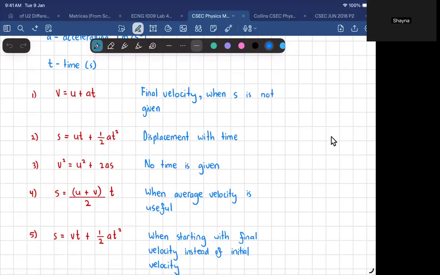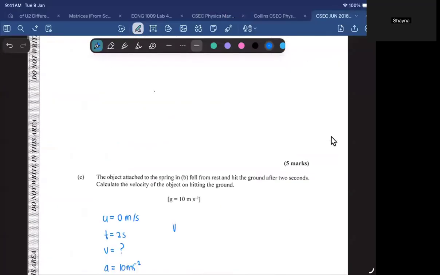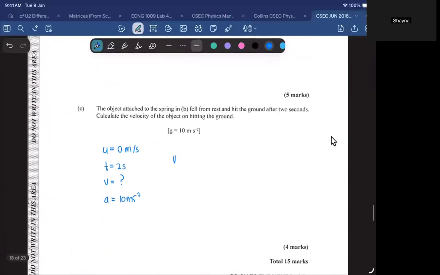So what formula has final velocity, initial velocity, acceleration, and time in it? The first one. Right, so V is equal to U plus at. So my initial velocity is 0, my acceleration as a result of gravity is 10, and my time is 2. So my final velocity is 20.